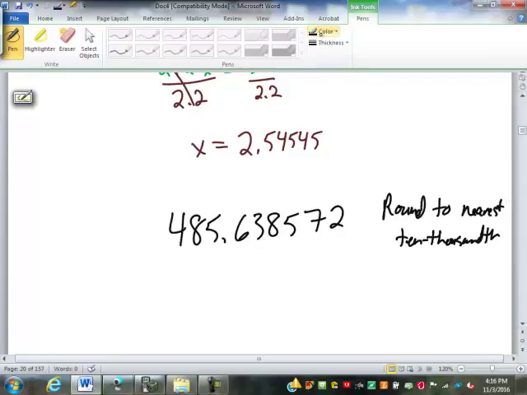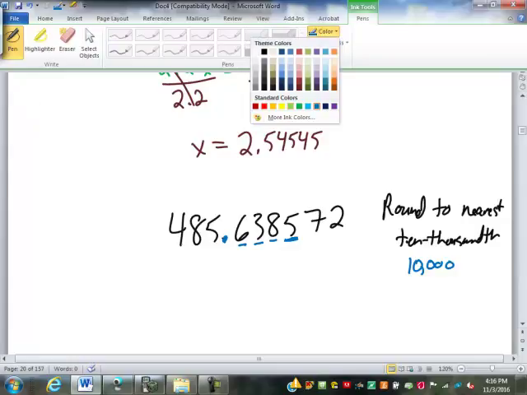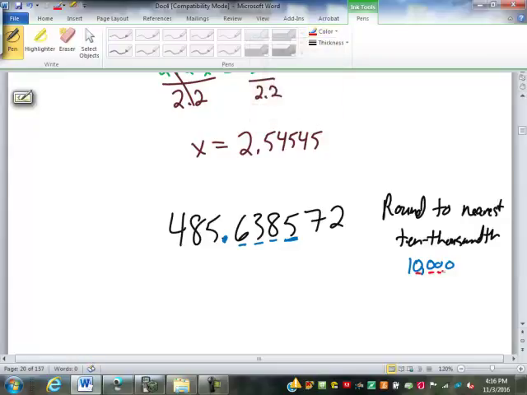Really, the hardest part of this is to find the 10,000ths digit. So you're starting at the decimal point, you start out tenths, hundredths, thousandths, 10,000ths. That's the one you want. The other way you can do that, write out the number 10,000. How many zeros are in it? 1, 2, 3, 4. So now I'm going to look at that next number.